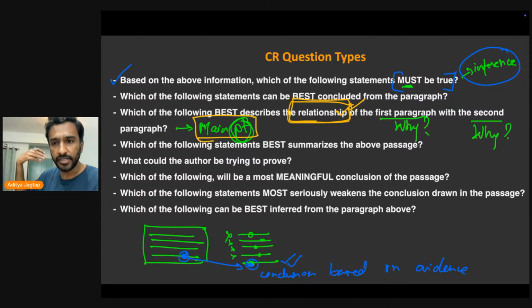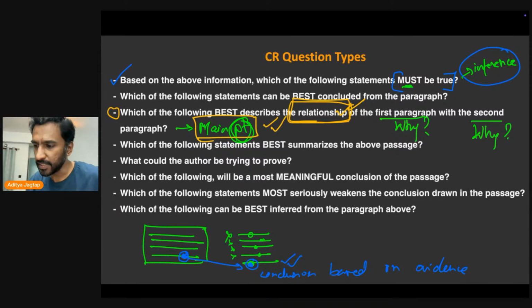Then the second paragraph is an interpretation of that study, right? So the relationship between the first and the second paragraph was, in this case, that the first paragraph was an example and the second paragraph was an explanation of that example, which gave us some specific main point. So in short, this question is trying to ask us, why is this information given in this specific fashion, which is basically a main point question, right?